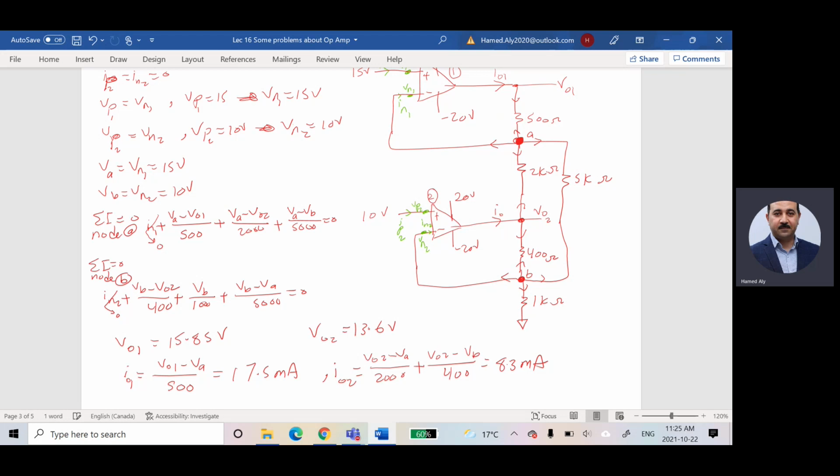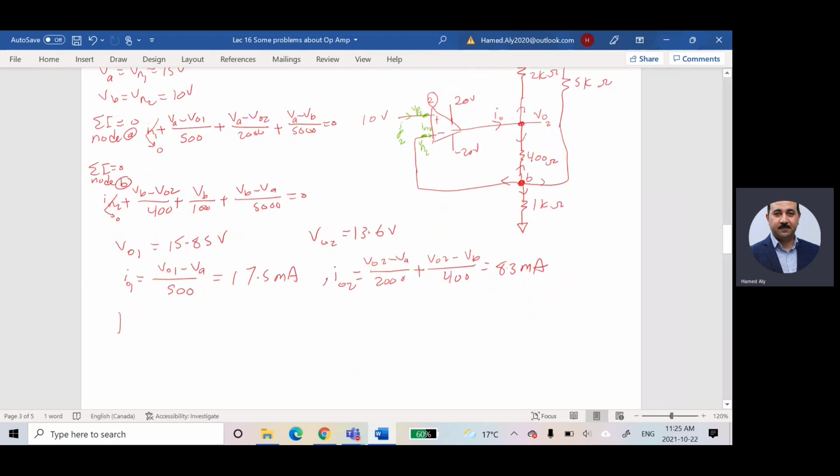Last step before leaving, I will calculate PO1, which is VO1 times IO1, and I will calculate PO2, which is VO2 times IO2. This guy will be equal to 11.29 milliwatts, and this guy will be equal to 26.9 milliwatts.